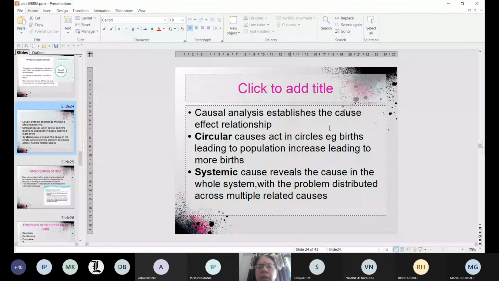Circular analysis is where the cause acts as in circles. For example, an increase in births will lead to population increase, which will lead to more births and so on. So this is a cycle which is being created. So it is called a circular cause. Any other will be called a systemic cause.